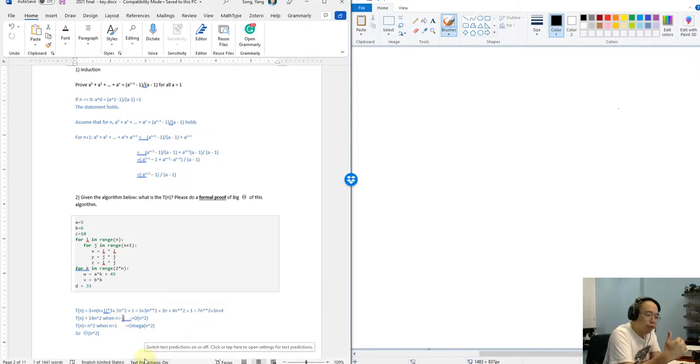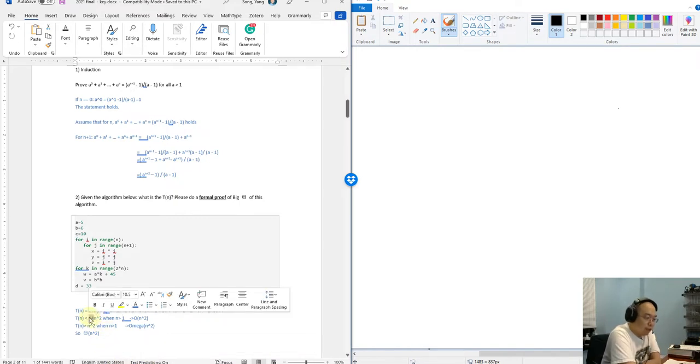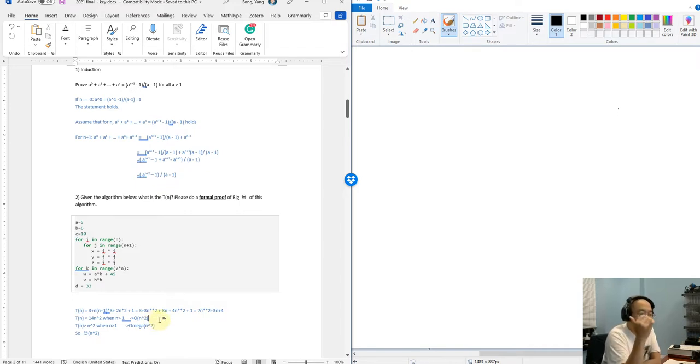To prove that it is the upper bound, I have to talk about 2 things. Number 1, there has to be a constant, and number 2, there has to be an n0. Here, I still use the idea of induction a little bit.